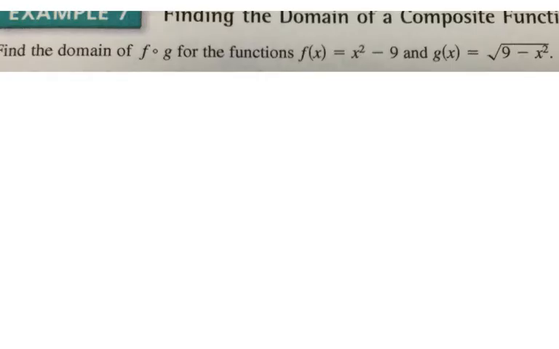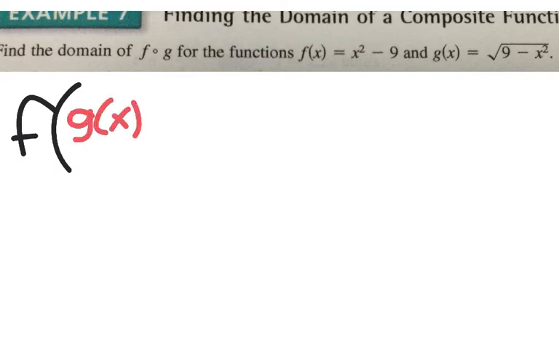Okay, this tells me to find the domain of f of g for the functions f equals x squared minus 9 and g equals radical 9 minus x squared. So let's start by finding what the composition looks like. So I've got f of g of x.